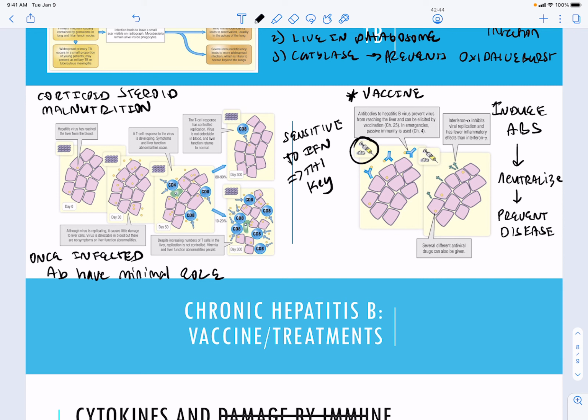Again, most are going to clear infection. Unless you have too much virus in the inoculum. And again, that's where the vaccine comes in to decrease that number.